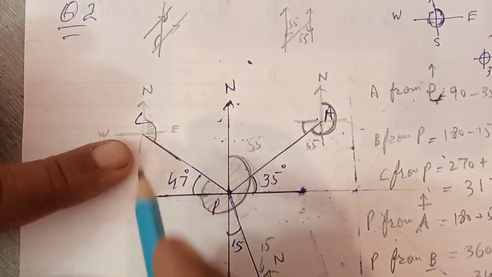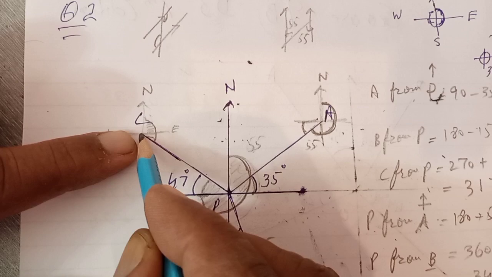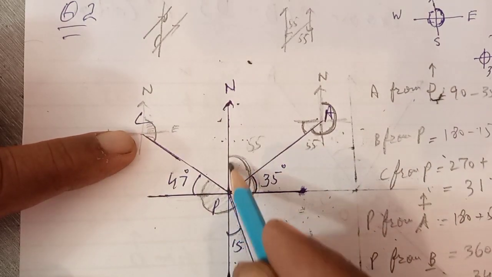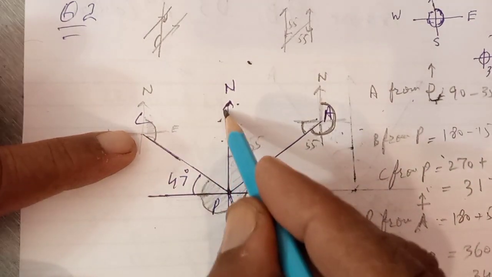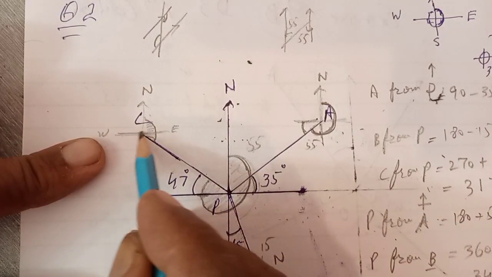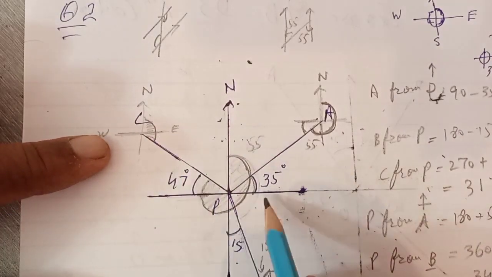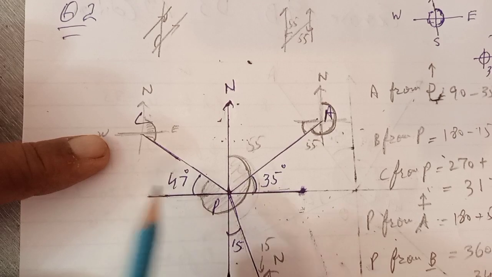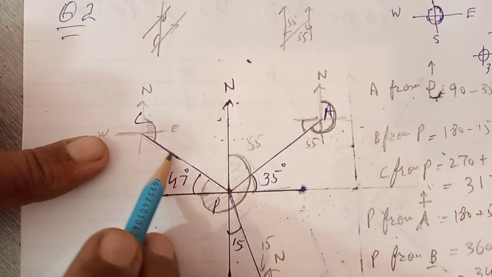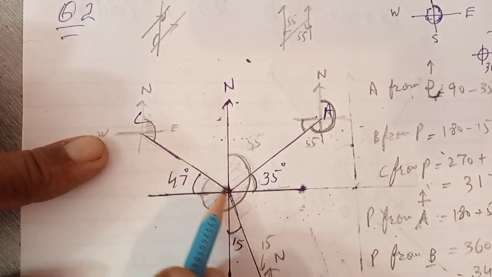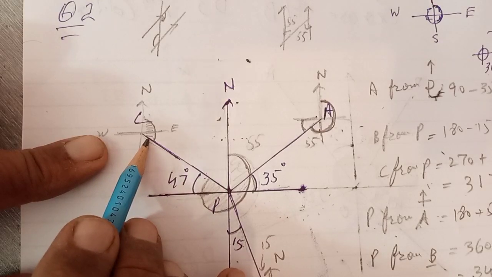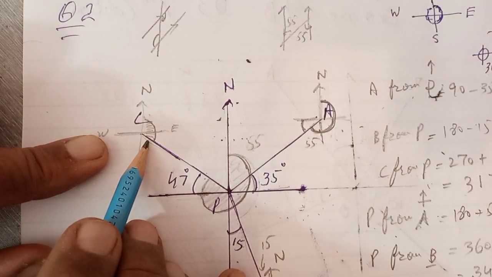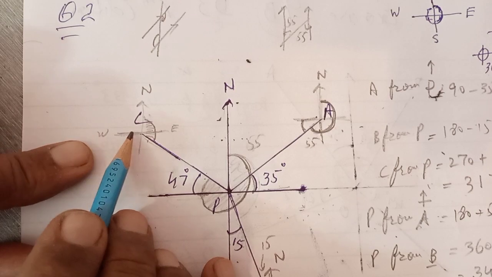This is the bearing. This is the north pole at C. This is the north pole at P. This is the east-west direction at point C. Now look at this. What is this? This is the transversal which meets two parallel lines.